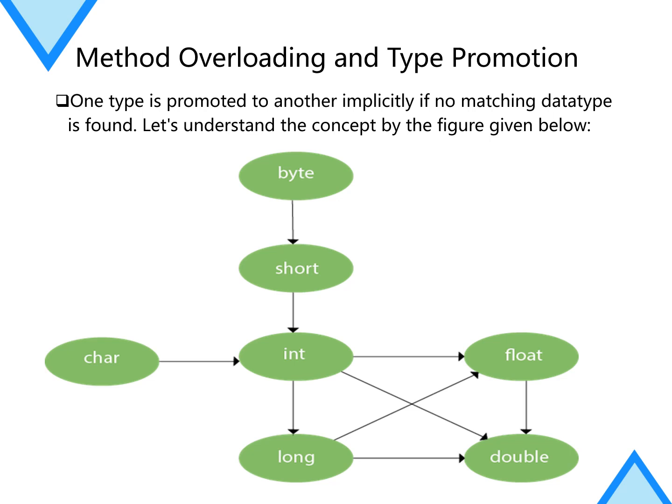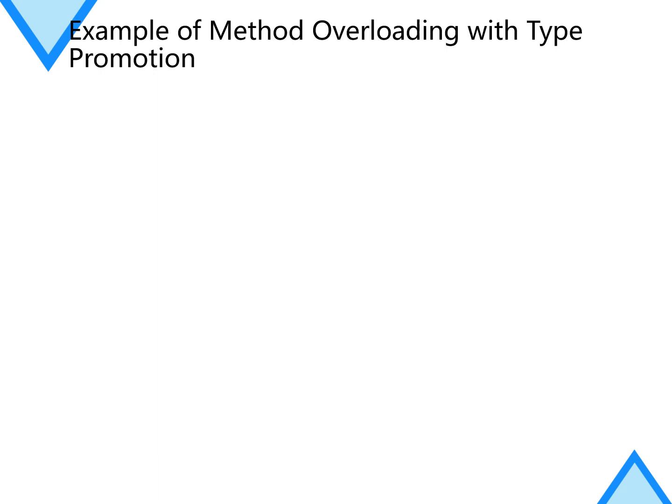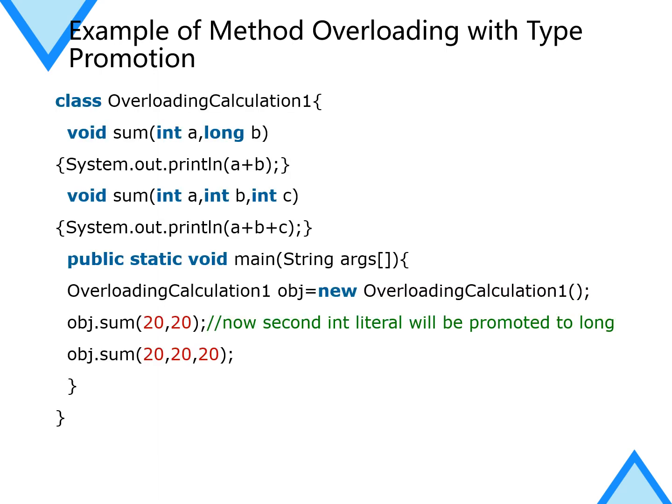And in method overloading, if we have a situation, the compiler can handle it through type promotion if we didn't find any matching type. But if we have a matching type, then type promotion will not work. Let's see the example of method overloading with type promotion.